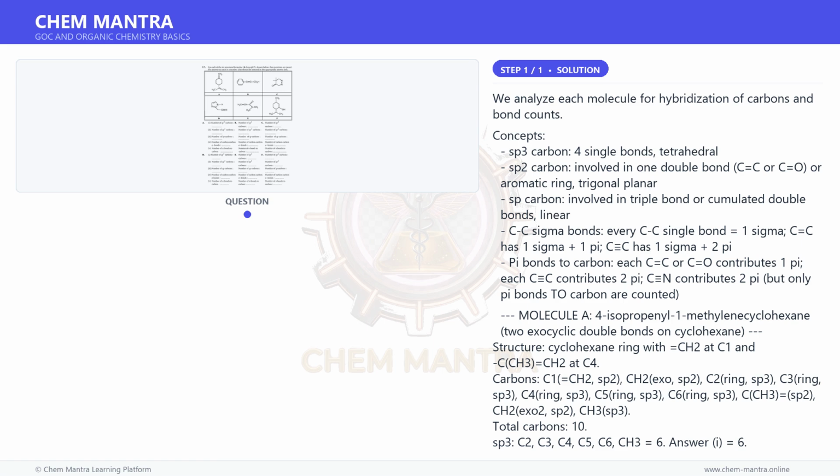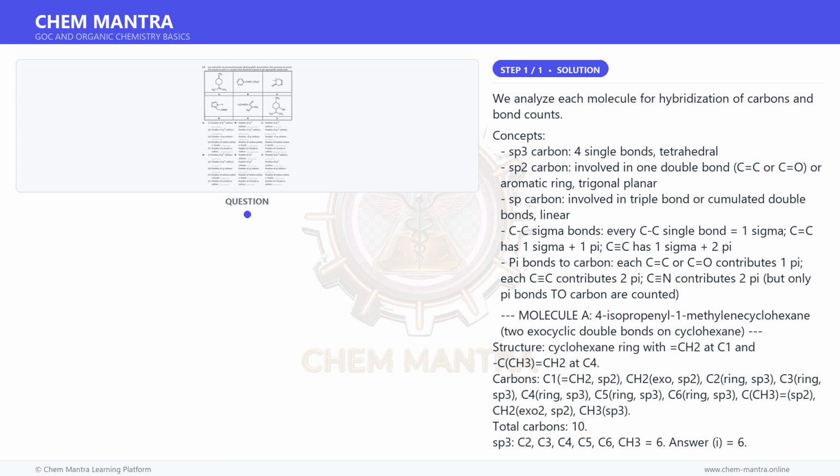Answer: I = 10, sp2 = 0, answer 2 = 0, sp = 0, answer 3 = 0. C to C sigma bonds: ring has 6, C1–CH3 = 1, C4–CH isopropyl = 1, CH–CH3 = 1, CH–CH3 = 1, total is 6 plus 1 plus 1 plus 1 plus 1 = 10.